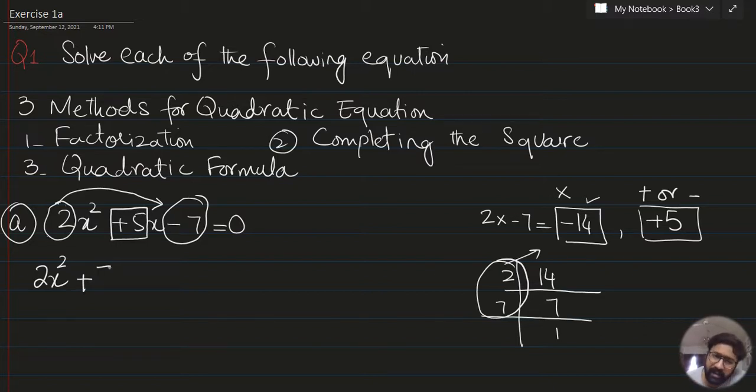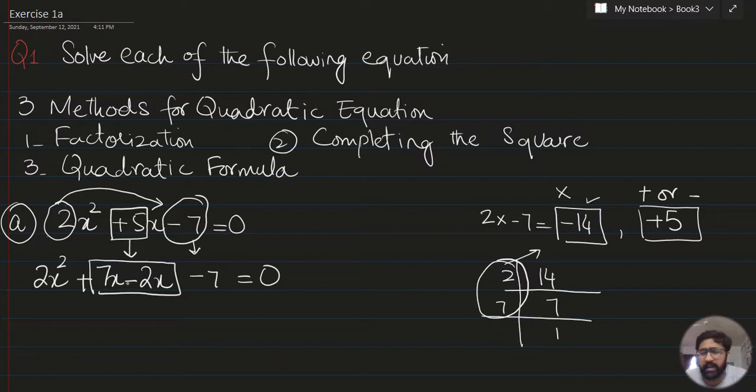So plus 7x minus 2x in place of the middle term, and the last term is going to come as it is. Remember, plus 7 and minus 2 give me minus 14, and plus 7 minus 2 also gives me plus 5 in the middle. So this is the first step that I have done.